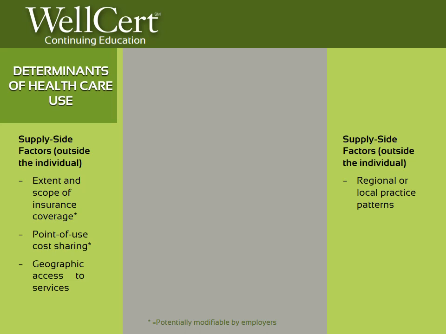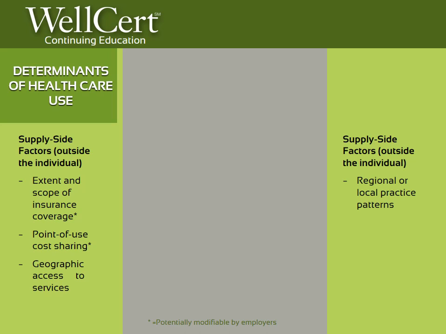Now, another one of the supply side factors that affects healthcare use is the regional or local practice patterns. There are areas of the country where the clinicians have set up standards that are more efficient. They don't use as much in the way of care, and that's days of hospitalization, types of drugs, types of supporting therapies that are used.